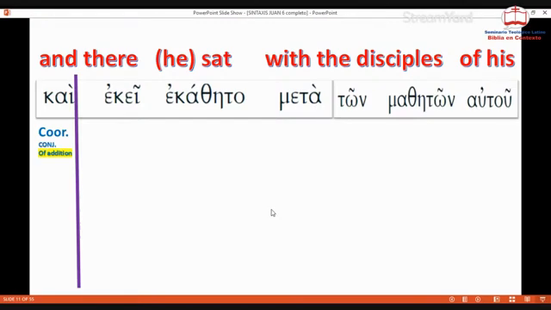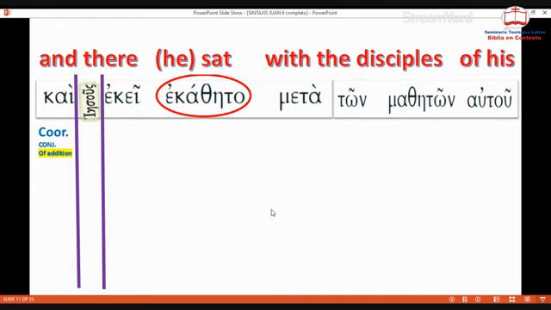Then we have to look for the verb. Here's the verb, ekathīzeto. It allows us to divide the sentence into two parts, but we don't have a subject expressed there; it is implied because it's third person. There sat, that's why I put it in parentheses. Who sat? Jesus is the answer to that question. So the subject is Jesus.